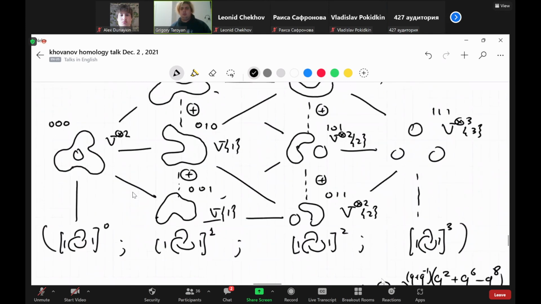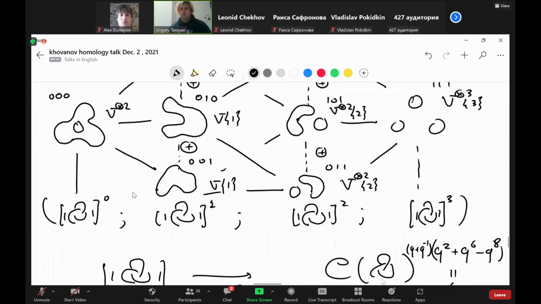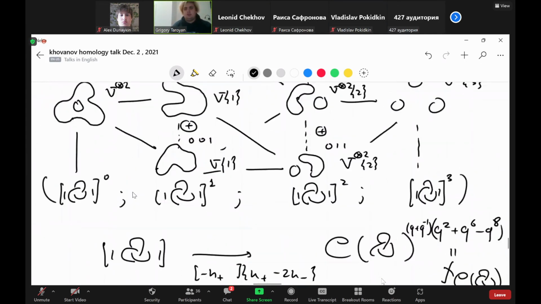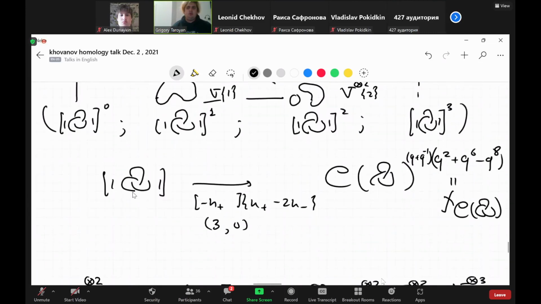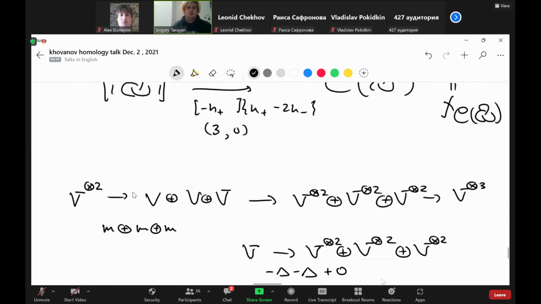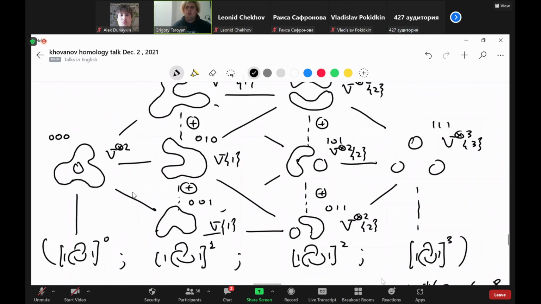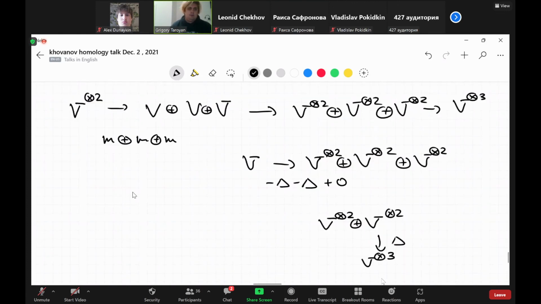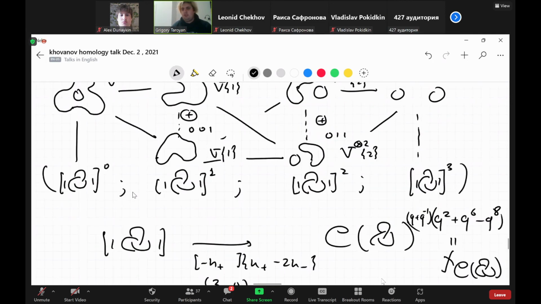So the cohomology is, yeah, that's a good question. Well, I mean, we have two-dimensional cohomology in, okay, so I mean, we can deduce it from here.